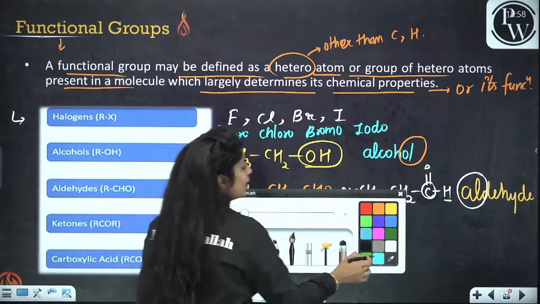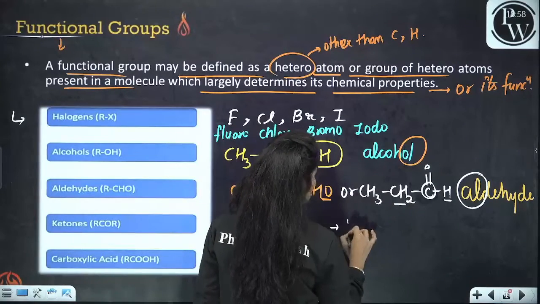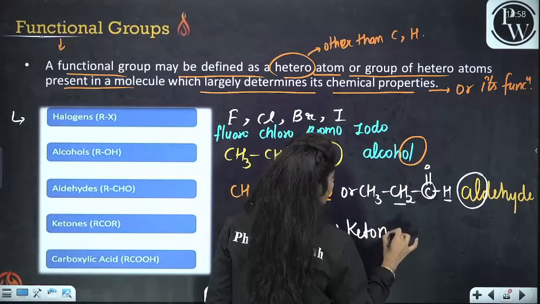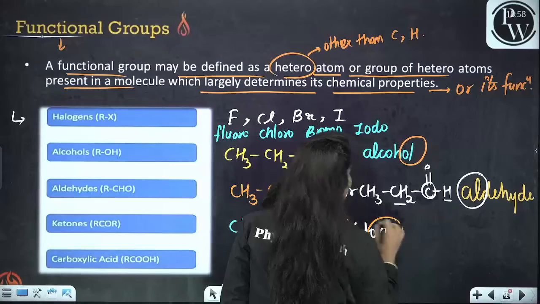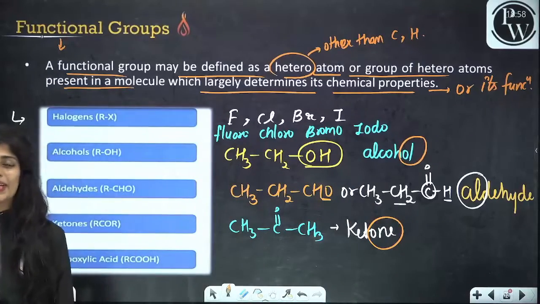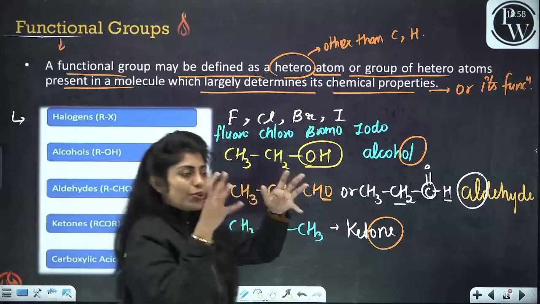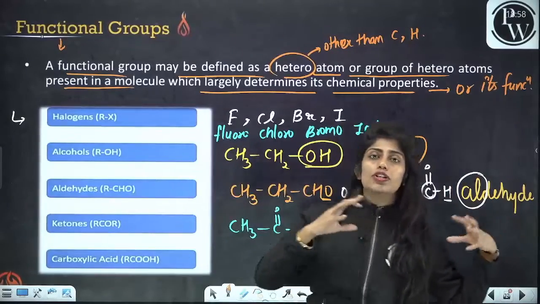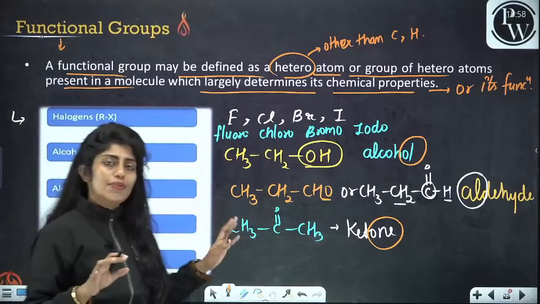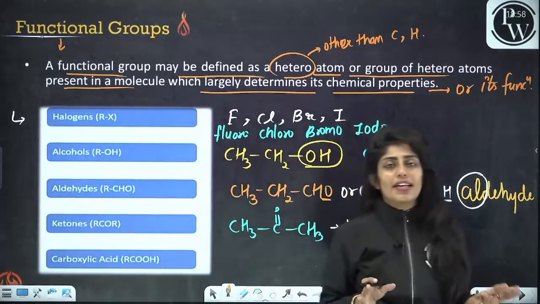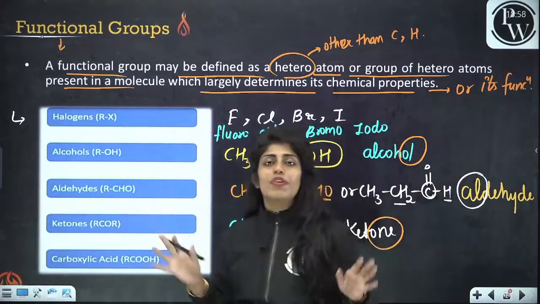So we call it ketone, and in order to name it, we will be stealing "one" from the ketone. You have to write them in your rough notebook or the register. Once you have written everything, it's my guarantee you are not going to forget it ever and forever.